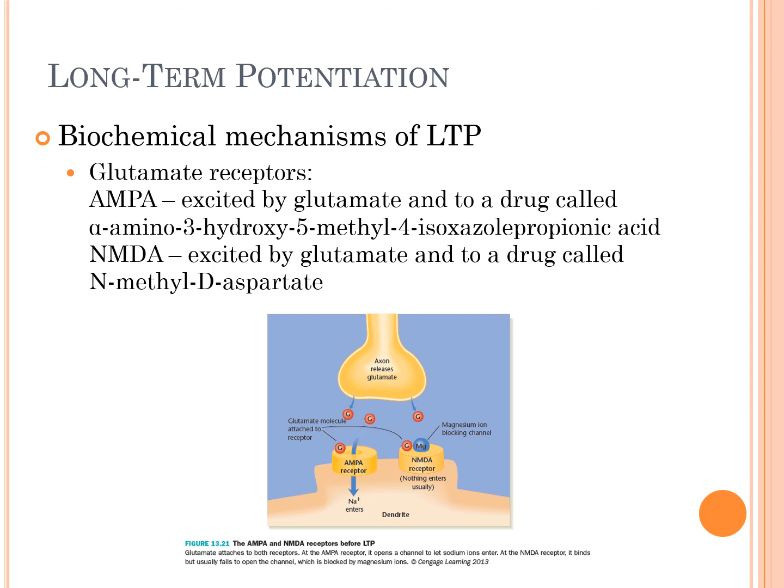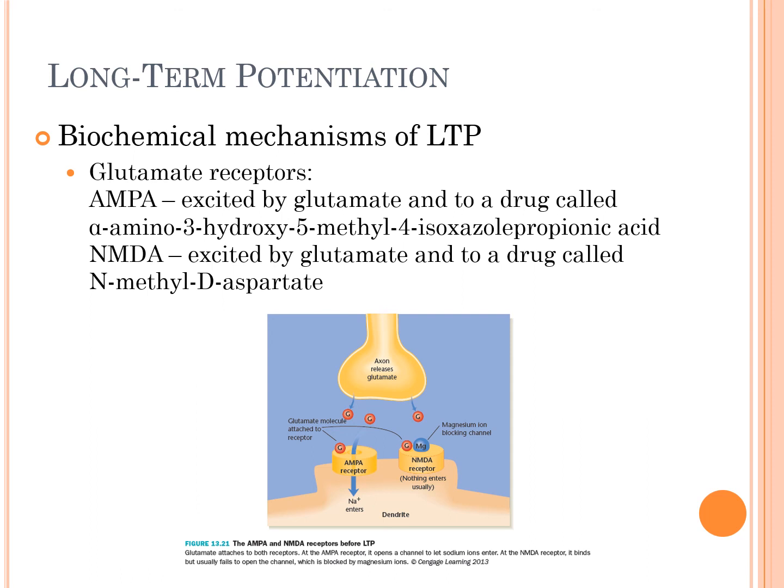If we then look at what's happening with the NMDA receptor, the glutamate would fit into the NMDA receptor, but there is a magnesium ion blocking that channel, and that's a positively charged magnesium ion, and it's going to be attracted to the negativity, right, the negative polarity within the cell. So it's going to be stuck in there, blocking the glutamate from getting into the NMDA receptor.